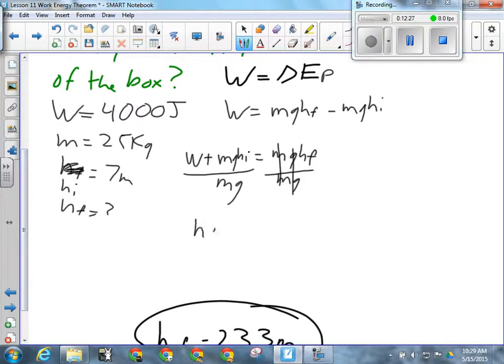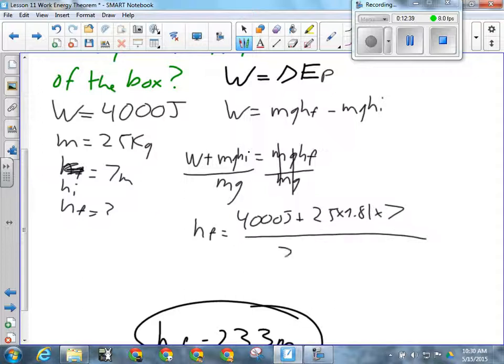We're going to have that the final height is going to be 4,000 joules plus 25 times 9.81 times 7, divided by 25 times 9.81.